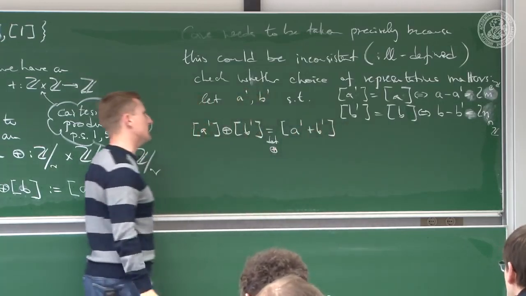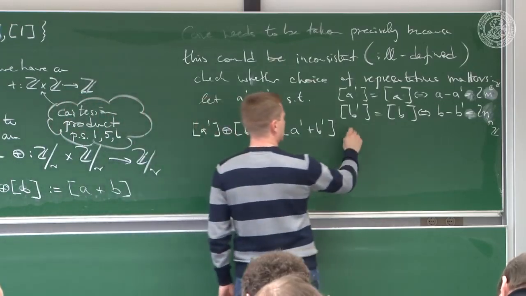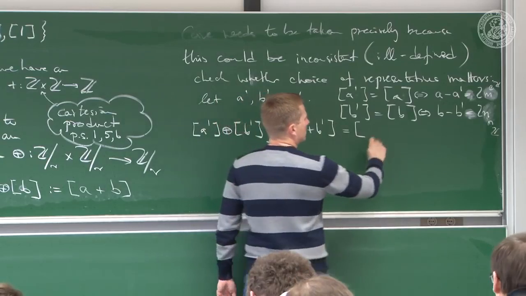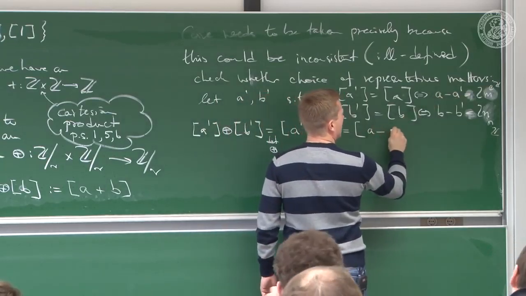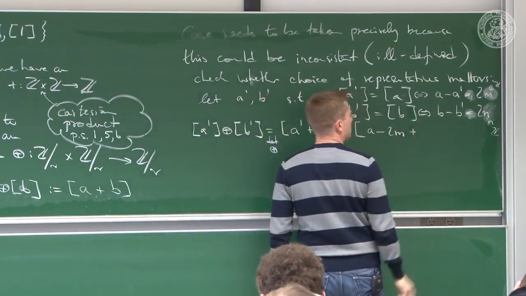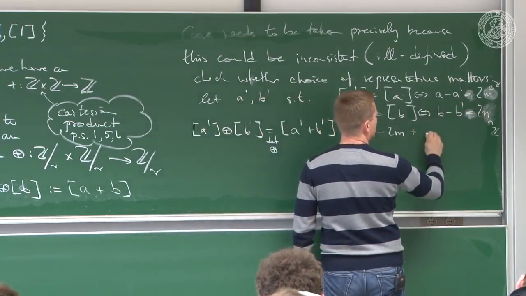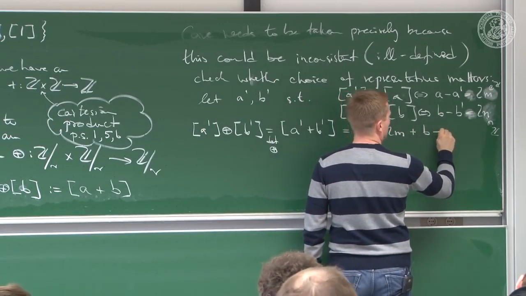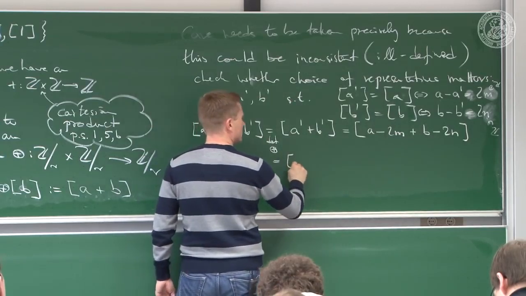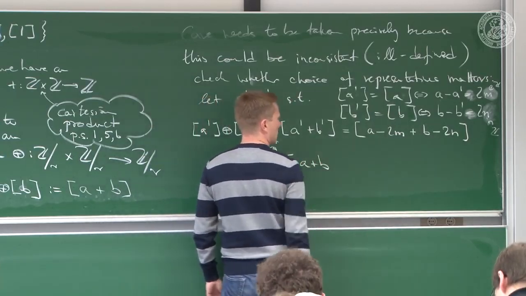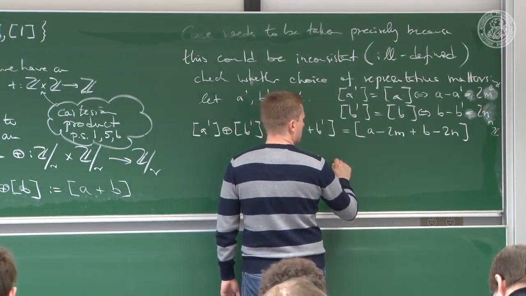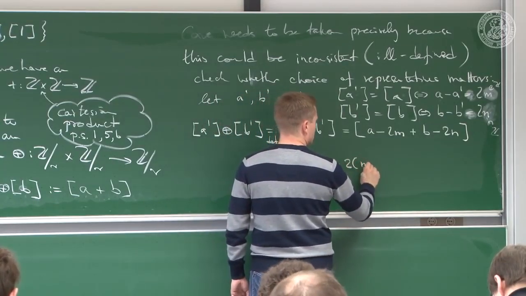I just blindly take the two representatives that I happen to have there, and now I replace A prime by A minus 2m, and B prime by B minus 2n. Well, that, of course, is the same as A plus B, no? So first the associative law, then the commutative law: A plus B minus 2 times (m plus n).